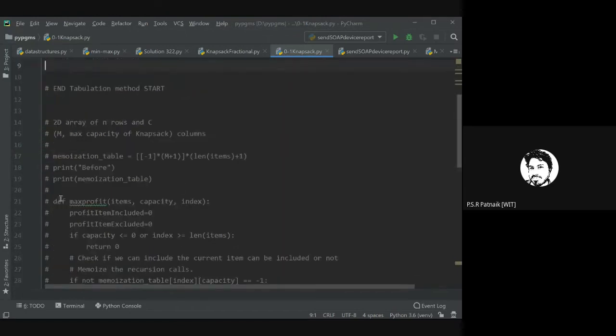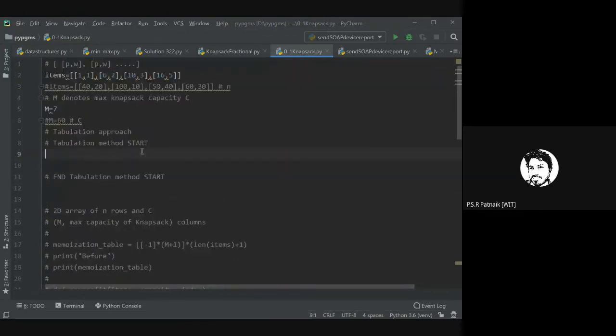What I wanted, I'll use the same method, but here max profit. I'll call that max profit tabulation method.